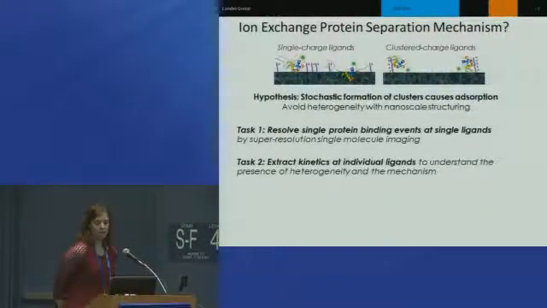And then, because we have the ability to resolve these individual adsorption and desorption interactions, to reach a mechanistic understanding, instead of collecting things like equilibrium binding coefficients, ideally you could collect the association and dissociation, or binding and unbinding, rate constants separately and then put those together to make an equilibrium constant.